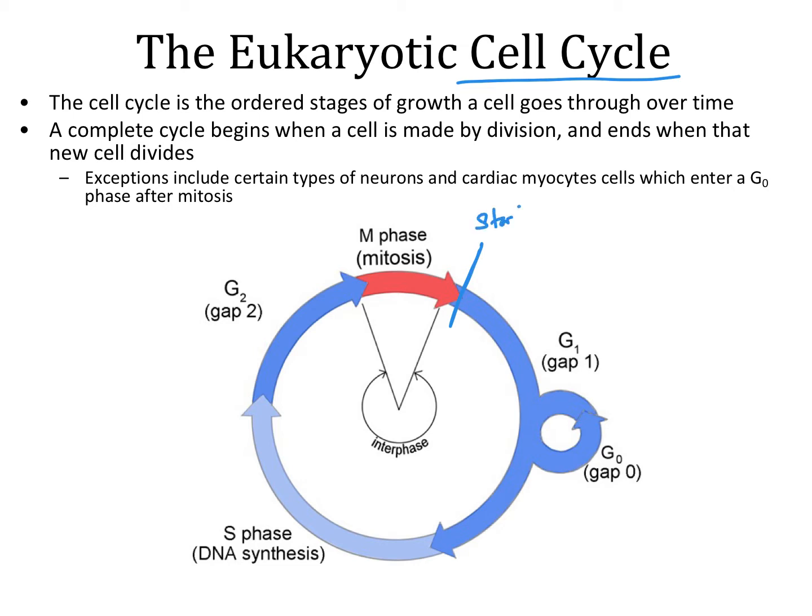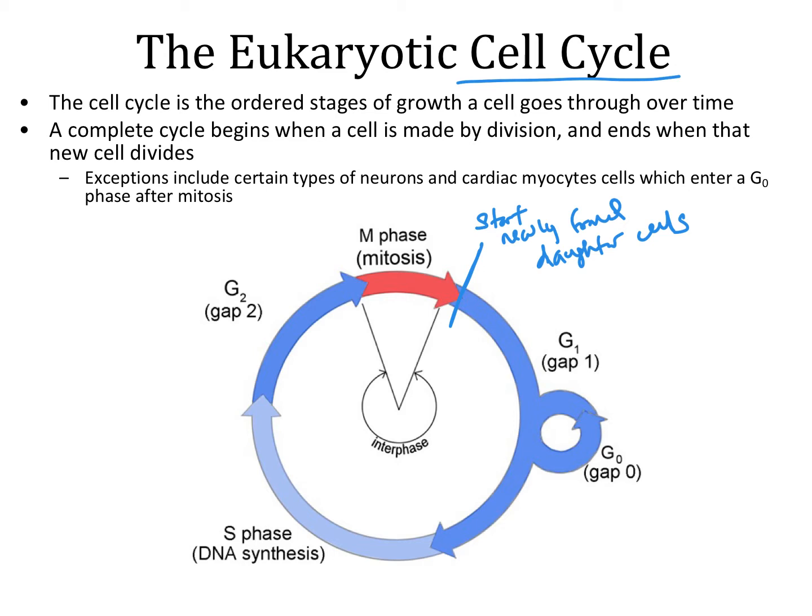This is where we have a newly formed daughter cell. It's always somebody's daughter cell, right? Because cells have to come from other cells. So when the life cycle starts again with a newly formed daughter cell, it's because a division has taken place.